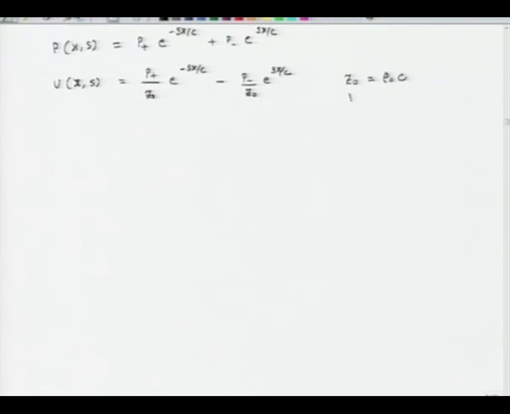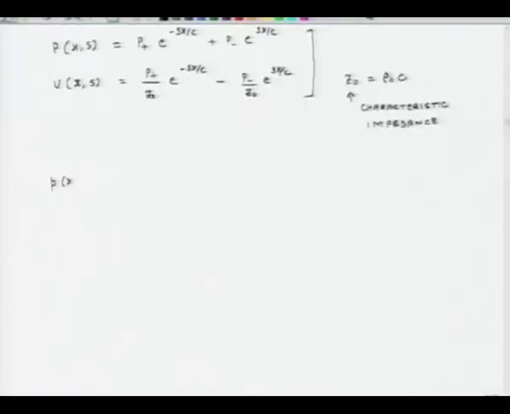This term z naught, which is equal to rho naught c, is called characteristic impedance. It's called characteristic impedance.